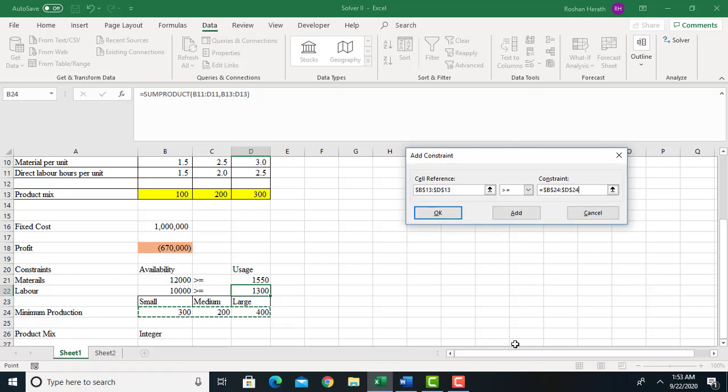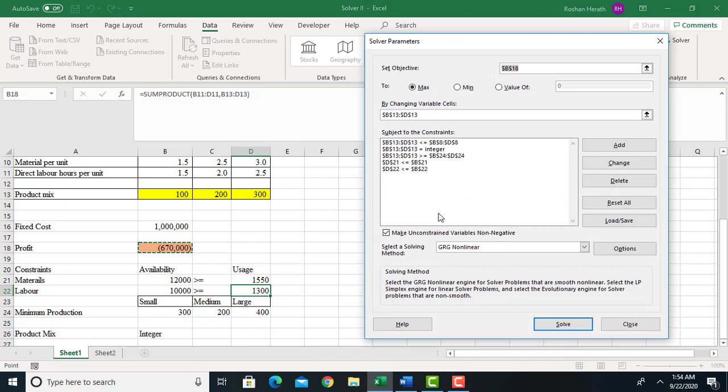The minimum order must be accomplished. And finally, the fifth constraint: the product mix should consist of completed units. It is an integer. Now you have added five constraints.